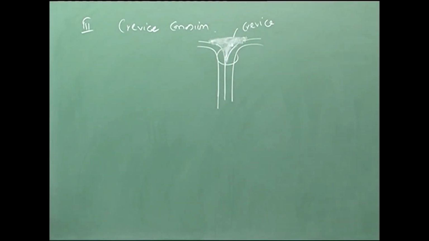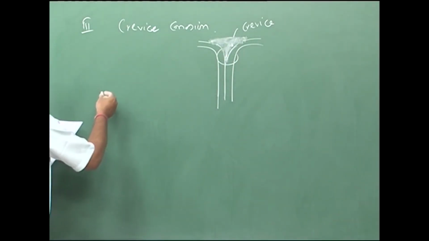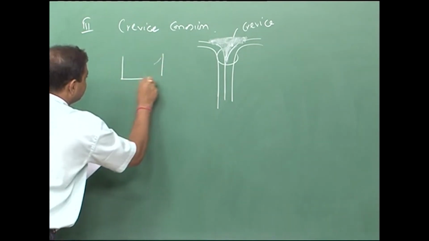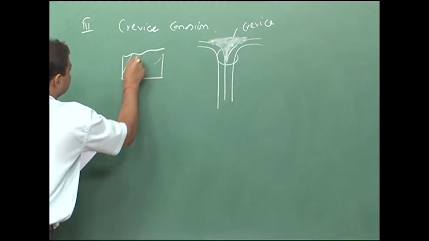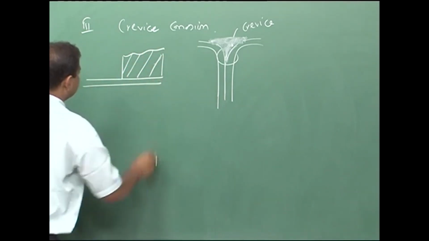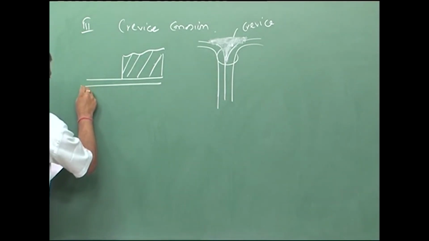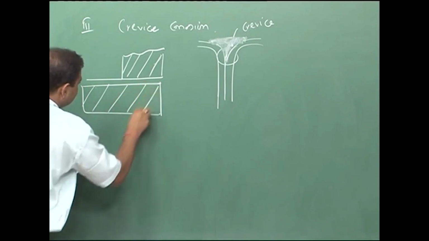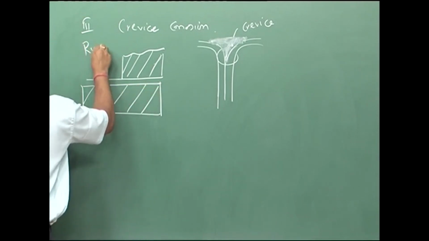Now, another example is a gasket. Let us say this is one particular section, and you have a rubber gasket like this. Now this is another material.